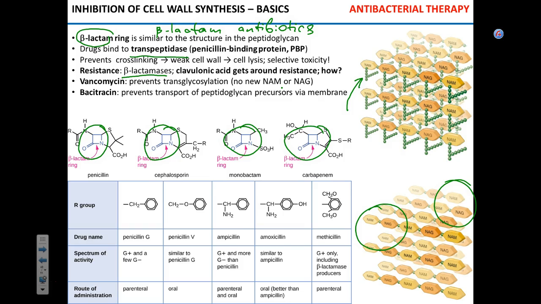Beta-lactamase destroys the beta-lactam ring. Does that make sense? So if we line out the mechanism of action and mechanism of resistance, it would look this way.